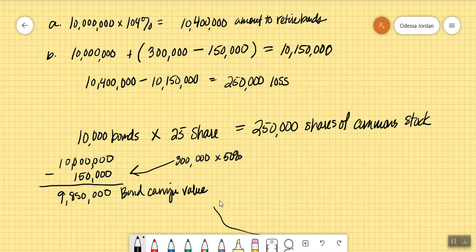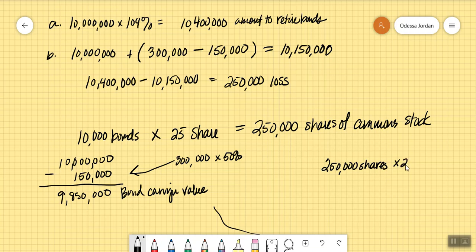So the next thing we want to look at is, since the call takes place after 10 years of the 20-year life of the bond, 50%, or $150,000 of the discount remains. So it's not fully amortized or accounted for. And so another way that you can look at this is you take the common stock, which is valued at 5 million, and we know this because we have those 250,000 shares that we just calculated earlier.